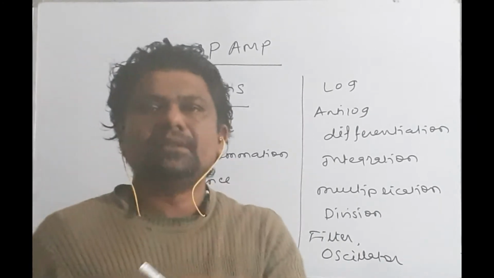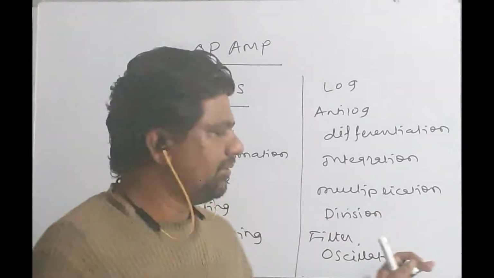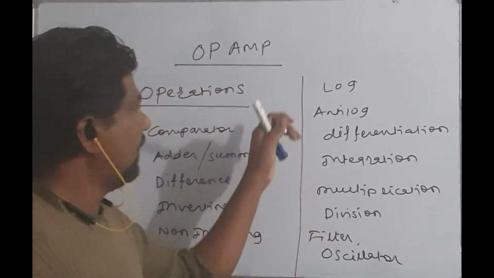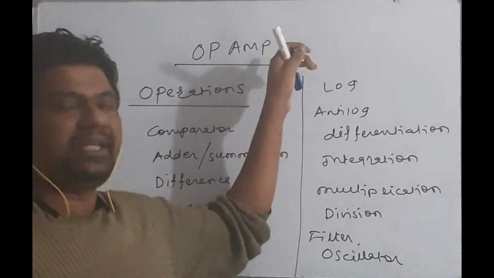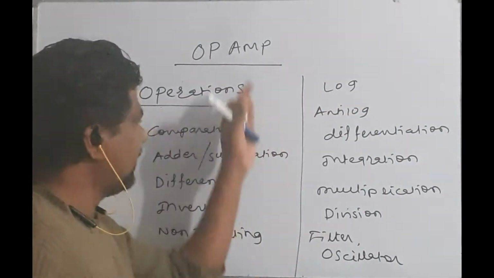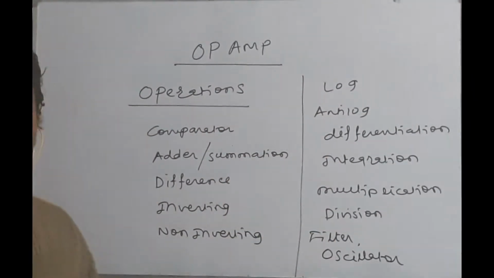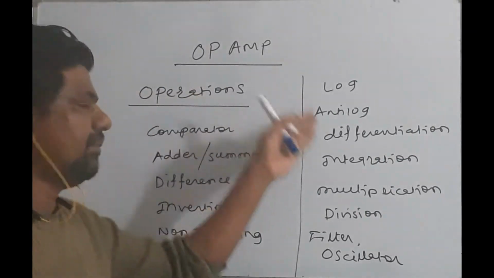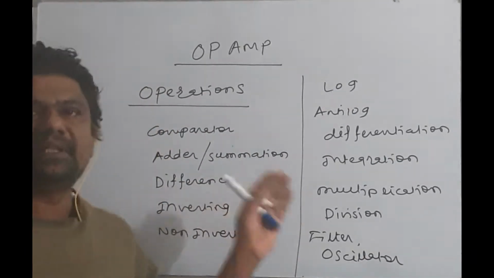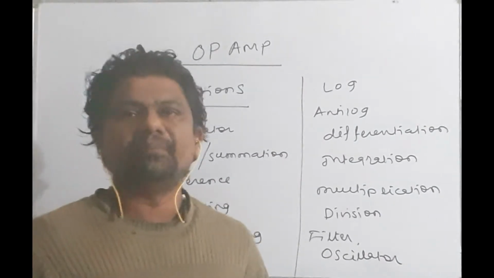What is the use of positive feedback whenever we design RC oscillators or LC oscillators? And how can we go for high frequency analysis using this operational amplifier, as well as how we can design different circuits using it, that we need to discuss in much more detail. So this topic plays a very important role in any competitive exam.